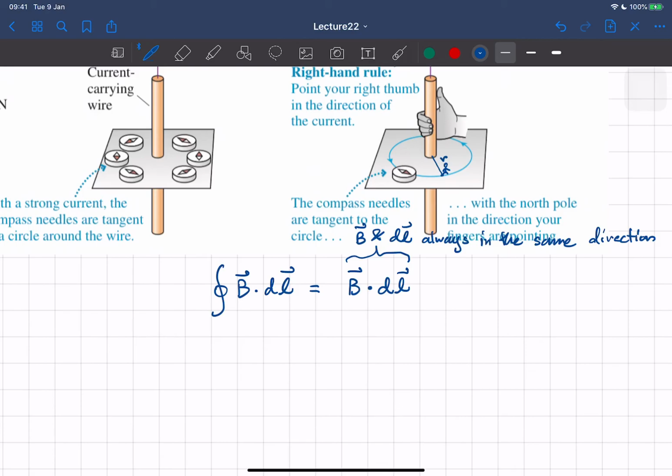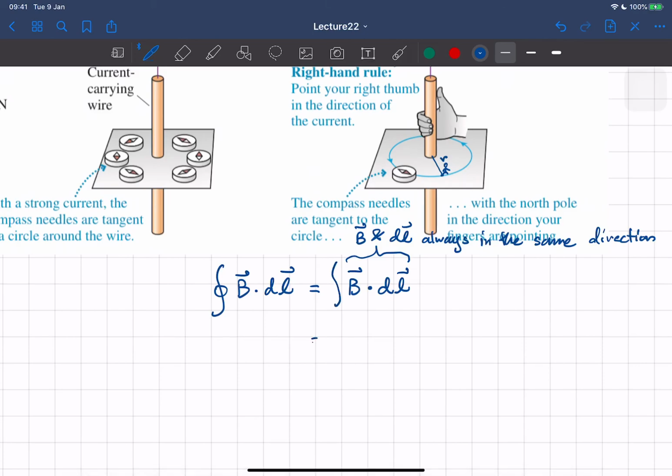Okay, so we can forget about the dot product, because if B and dl are in the same direction, remember what the dot product is. It's when you calculate the work done by the force and displacement dotted together, right? So you remember that there's a cosine of the angle that appears, and in this case, cosine of 0 degrees, because B and dl point in the same direction, is always going to be 1, right?